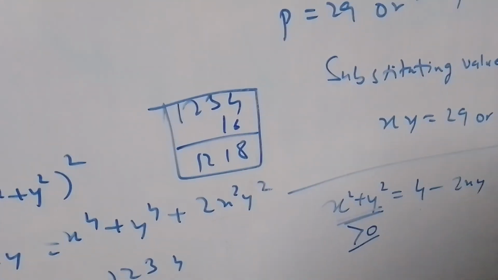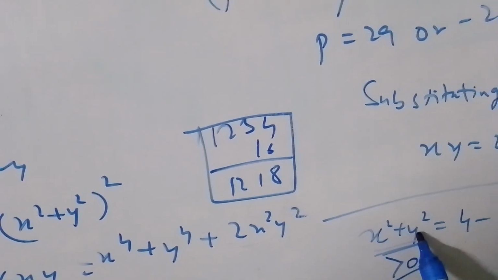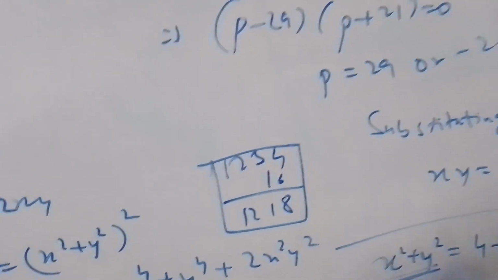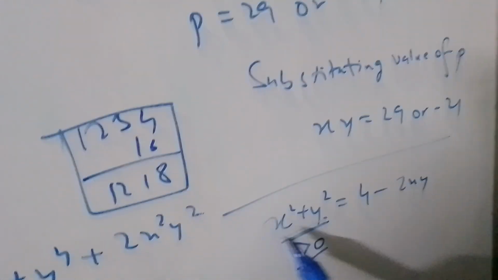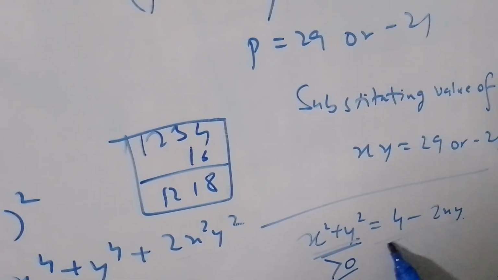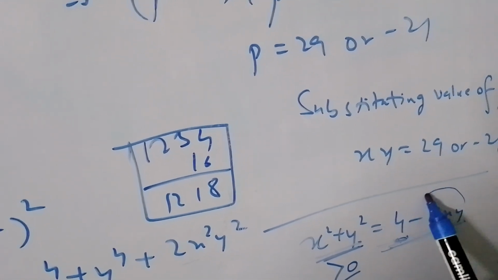Why? Because there's x squared and y squared and we have added both. So if x is negative also, it will make both the terms positive. So this is greater than 0, so we have to make this part greater than 0. This is a constant, so we need to only look at this one.